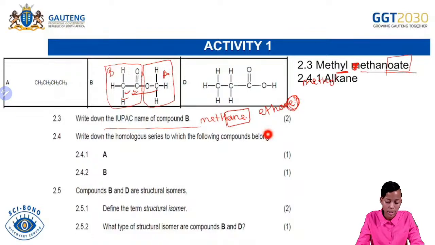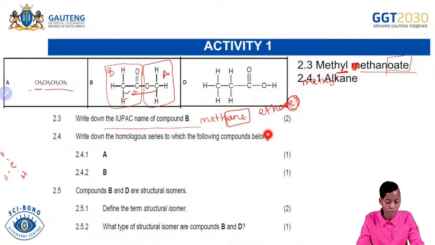2.4.1, write down the homologous series to which the following compounds belong. So again, for you to be able to do this one, it is best if you draw the structure. So the structure would be CH3. Why?